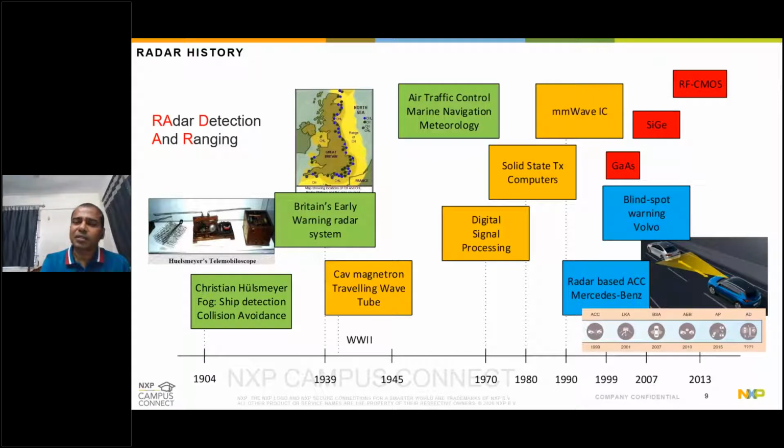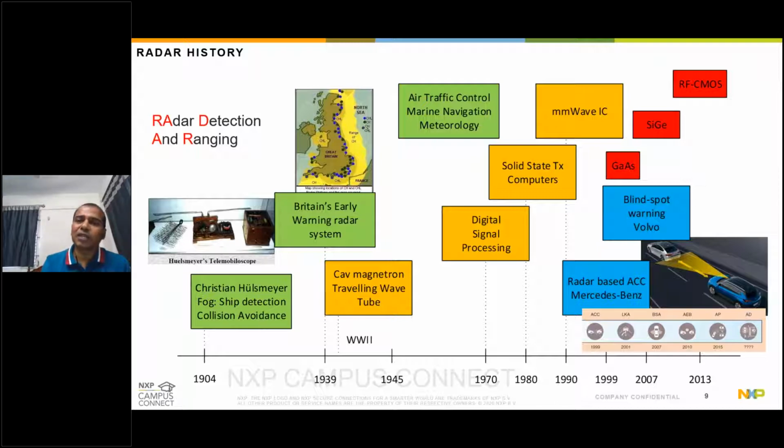Currently, because of CMOS technology, we are able to integrate radio frequency, RF, to transmit and receive the electromagnetic waves. That is the technology behind the radar. And the digital signal processing and the digital logic, the entire thing, we can integrate into a single chip because of this CMOS technology.